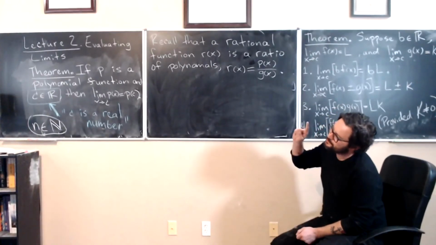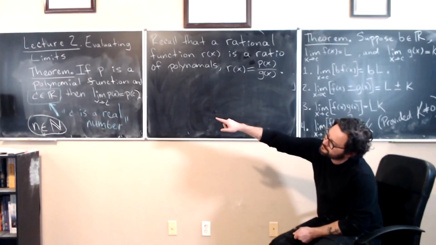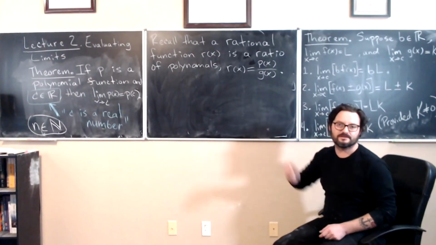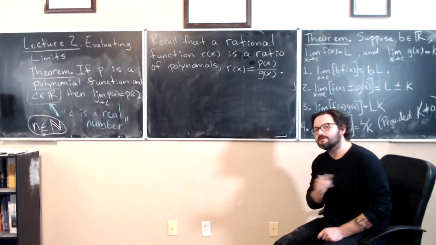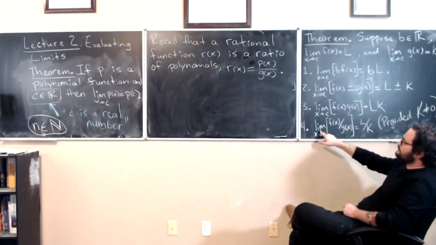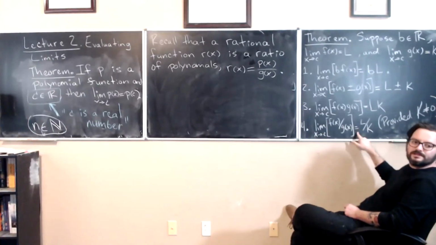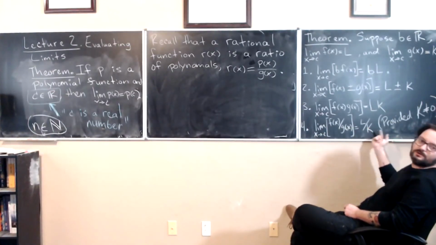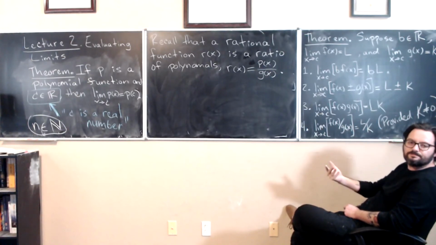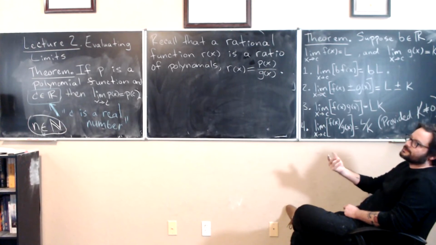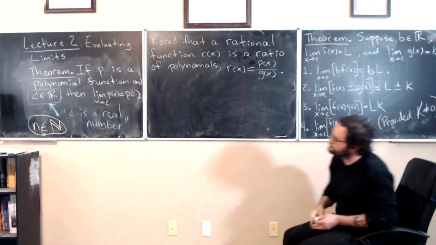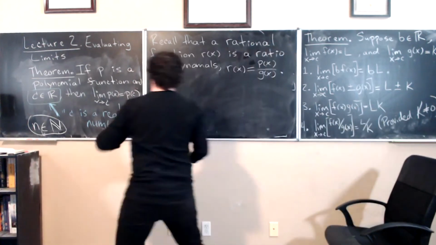Now, we know that polynomials are easy to evaluate with limits because of that theorem. We also know from the previous theorem that the limit of the ratio is equal to the ratio of the limits provided the denominator is non-zero. So this and that imply the following corollary to this theorem.